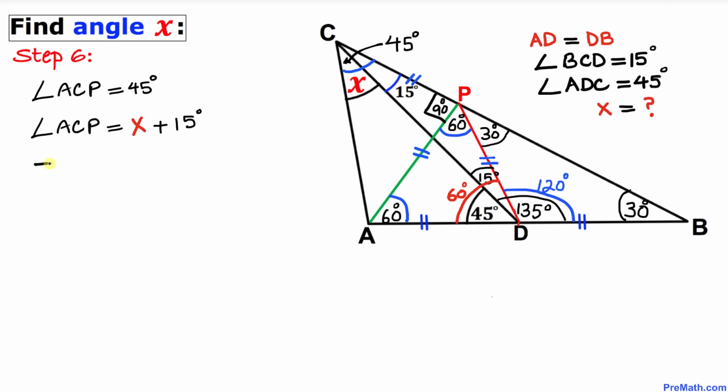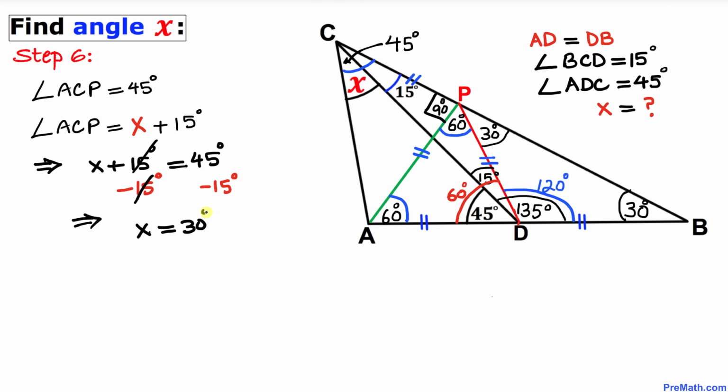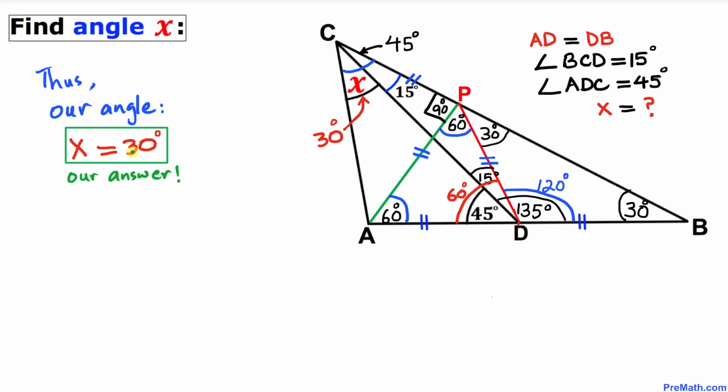So therefore I can write this as X plus 15 degrees equals 45 degrees. Let's go ahead and subtract 15 degrees from both sides. So therefore these two are gone, and our X value turns out to be simply 30 degrees. So thus our angle X turns out to be 30 degrees, and that's our final answer.